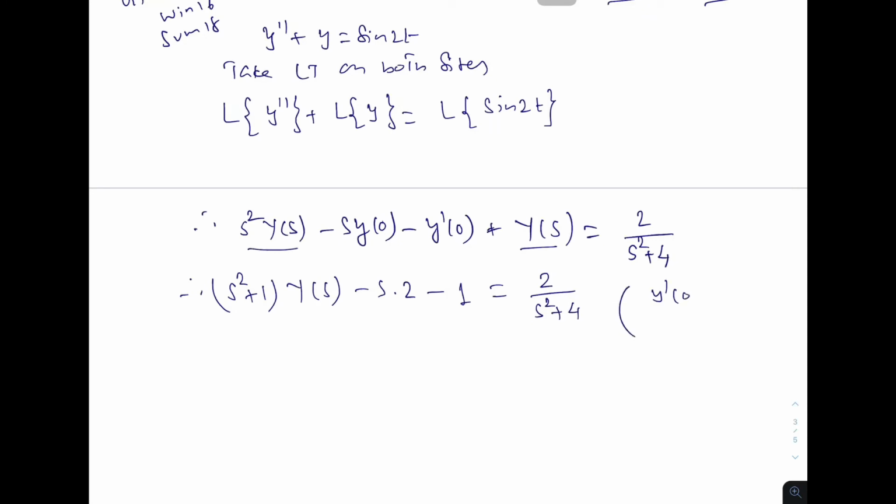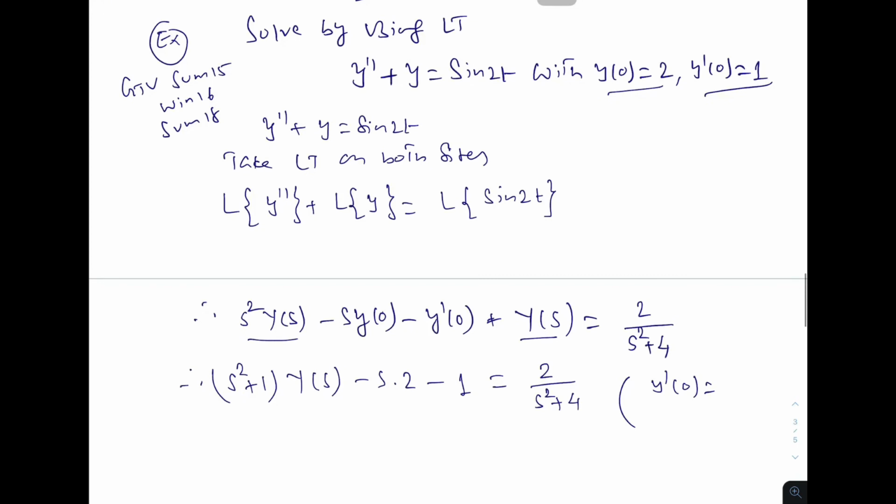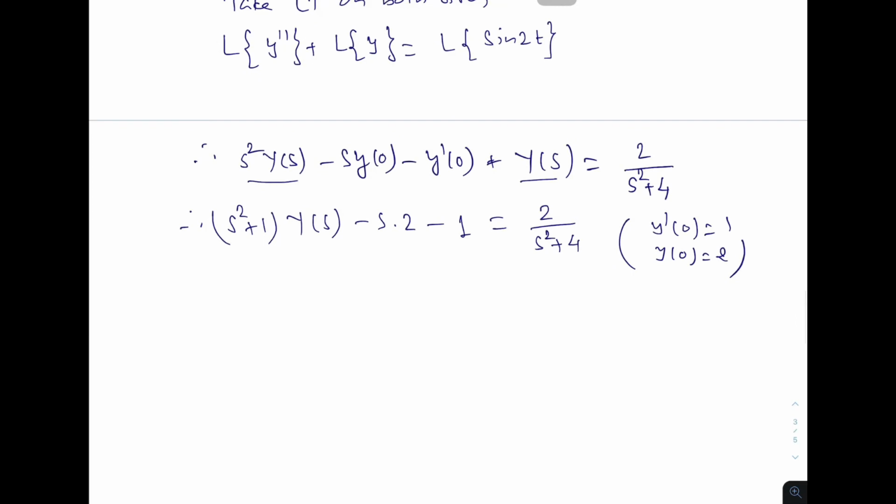So y dash at 0 equal to 1 and y at 0 equal to 2. So now this is (s square plus 1) Y(s) equal to 2 over (s square plus 4) plus 2s plus 1.